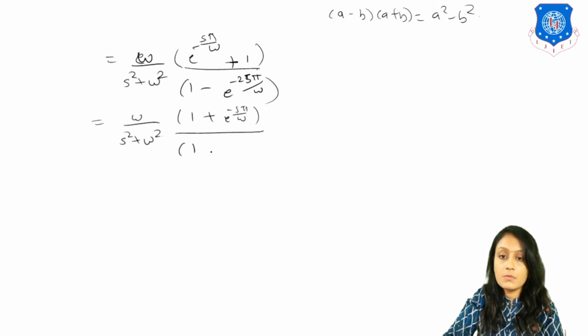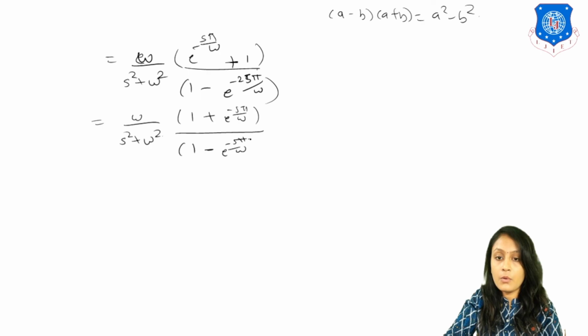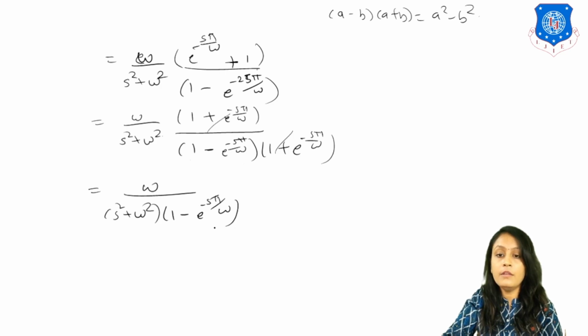The denominator we can write as (1 − e^(−sπ/ω))(1 + e^(−sπ/ω)), so this is (a − b)(a + b), which gives a² − b², and you get this term. Now these two terms get cancelled, and what remains is ω/(s² + ω²) times 1/(1 − e^(−sπ/ω)). So this is your final answer.